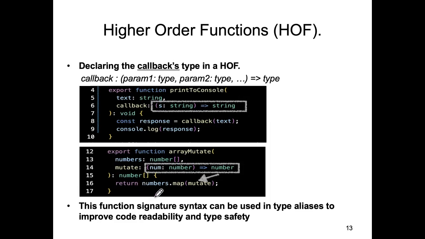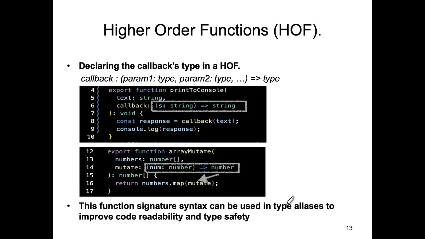So the function signature syntax can be used in type aliases as well. Remember, type aliases, I mentioned a while back, overlapped with interface data types, but you can use type aliases for other things as well.